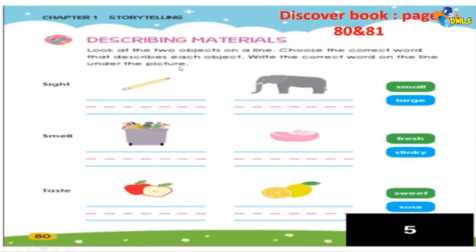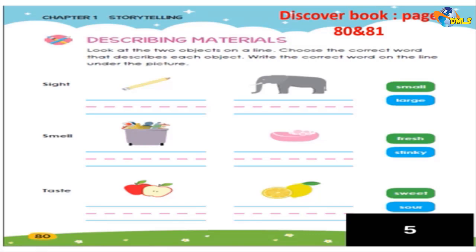What will we do? We have here 2 pictures. I have here a pencil and an elephant. And here, the sense I use, the sense sight. Sight, it is seeing or sight. And I have small and large. I want you to describe them.